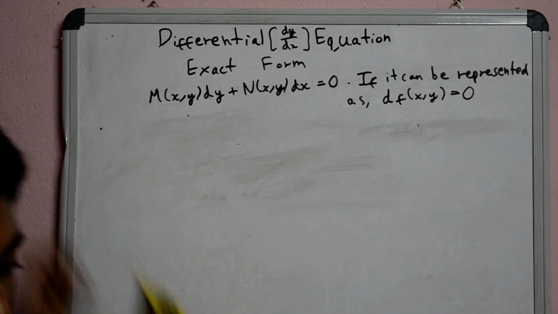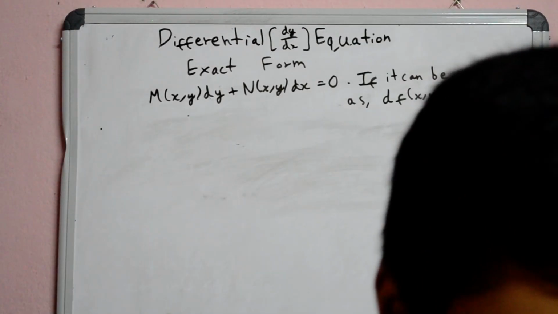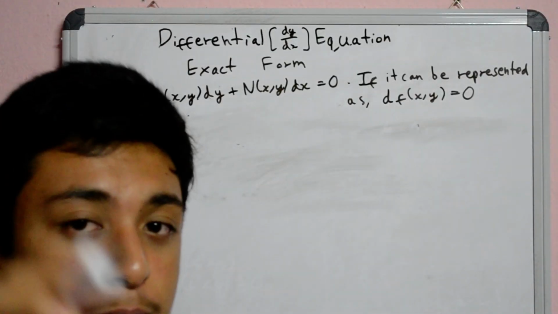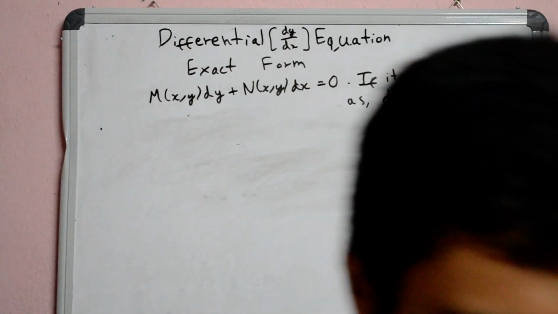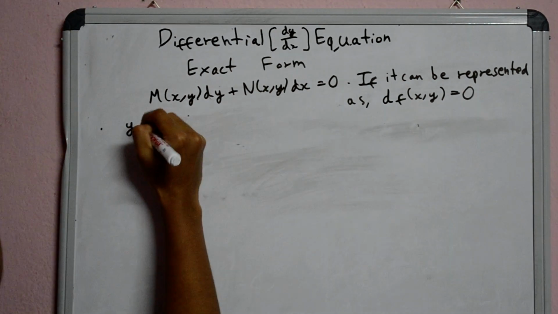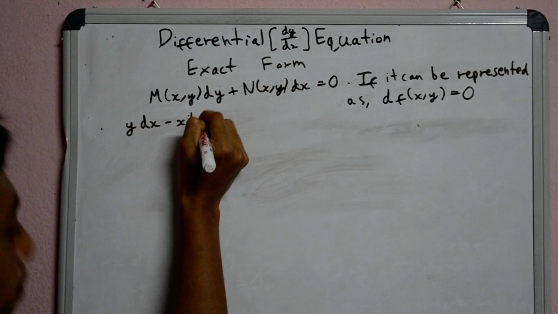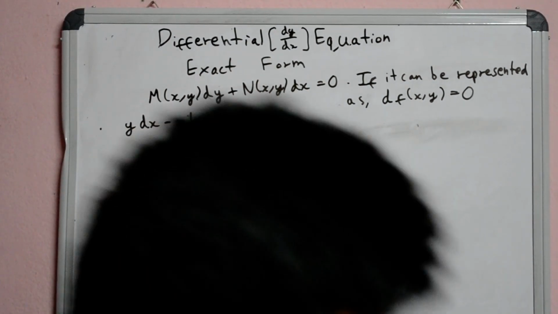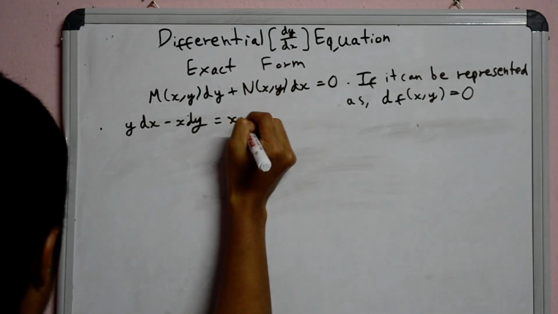So a tricky one is exercise number 15.4, the first question. Even the first question itself is tricky, since you have y dx minus x dy equals xy dy.